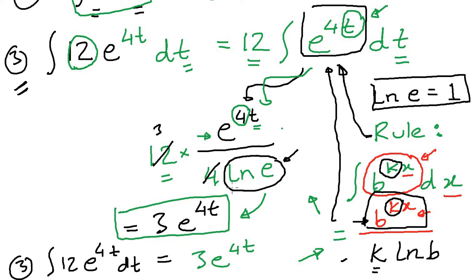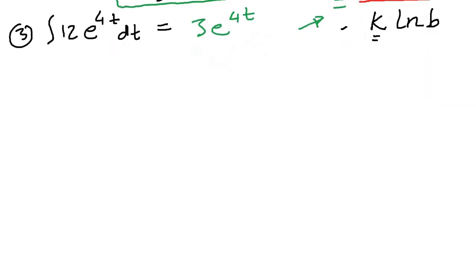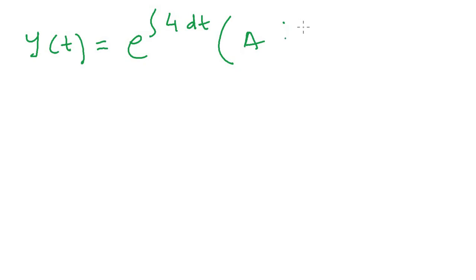So this is equal to this. Now you have everything that you need to find the solution. Remember the original solution was e to the power integral of 4 dt into a plus the integral of 12 into e to the power the integral of v dt. I'm sorry, this v is equal to 4 here, so write 4 instead of v.